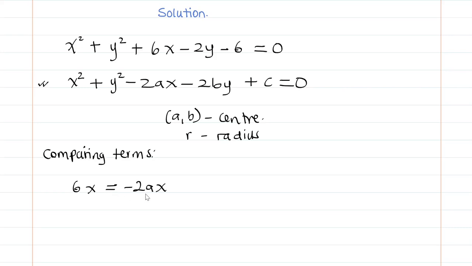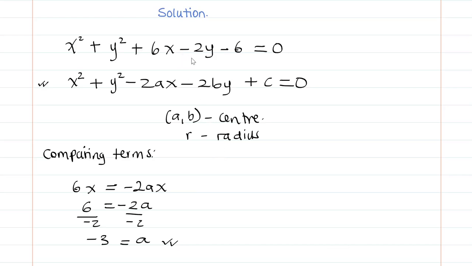Remember, we are looking for a. So x and x will cancel if we divide both sides by x. So we shall have 6 equals negative 2a. Then from here we divide both sides by negative 2, simply to get a. 6 divided by negative 2, we get negative 3 equals a. So we have one of the coordinates of the center, a.